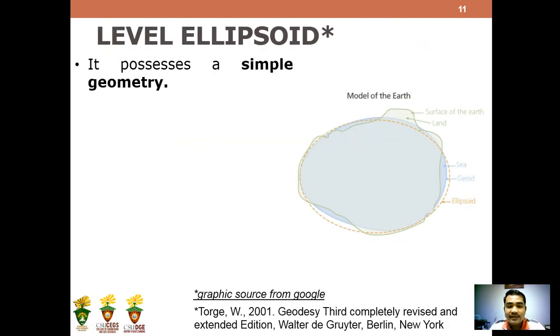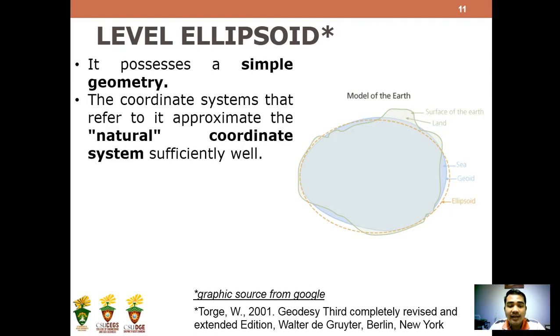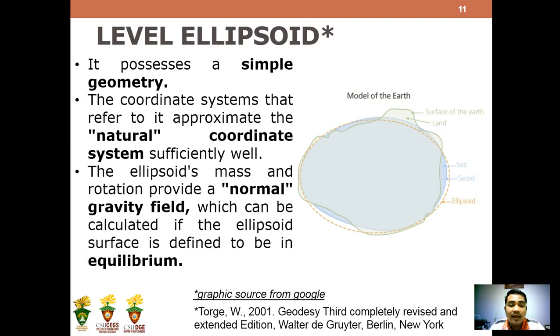Why is the ellipsoid used? It's because the ellipsoid possesses a simple geometry, and coordinates referring to it, approximating the natural coordinates, are sufficient. And the ellipsoid mass and rotation provide a normal gravity field, which can be calculated if the ellipsoid surface is defined to be at equilibrium.